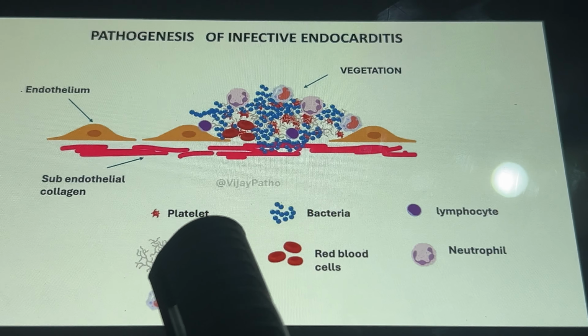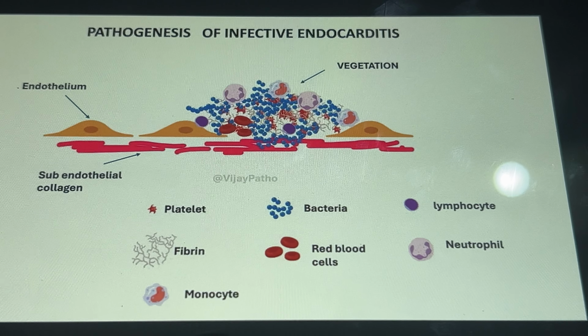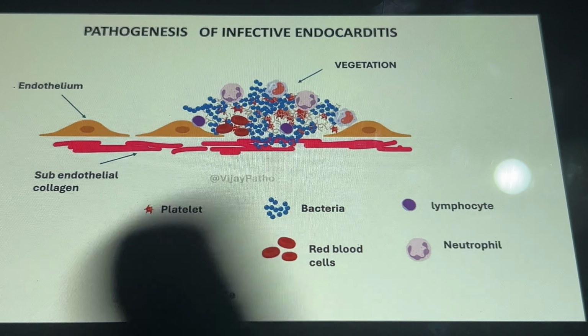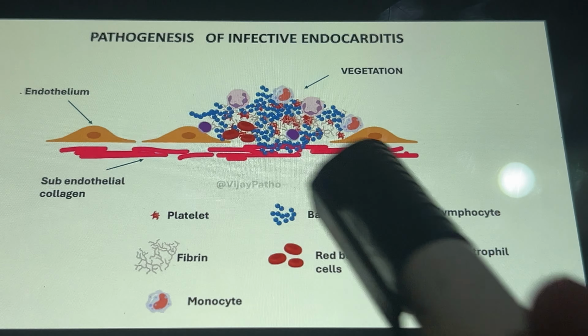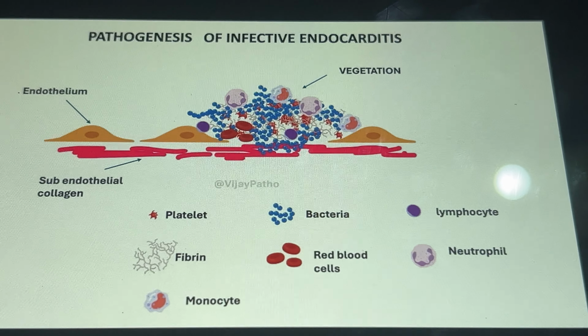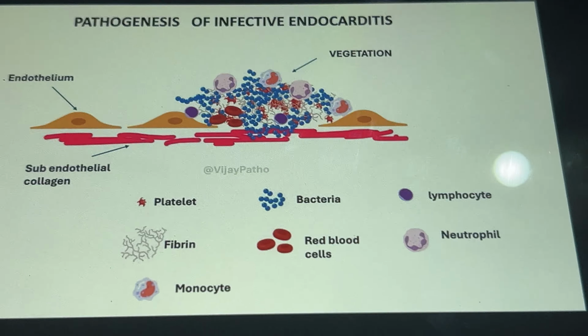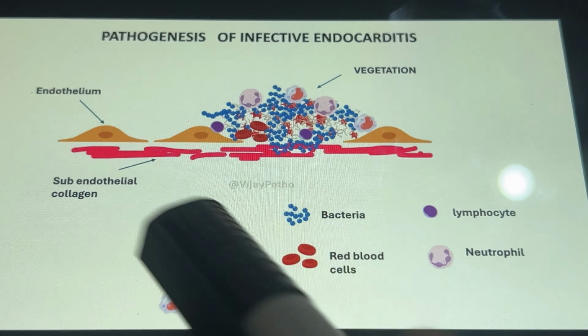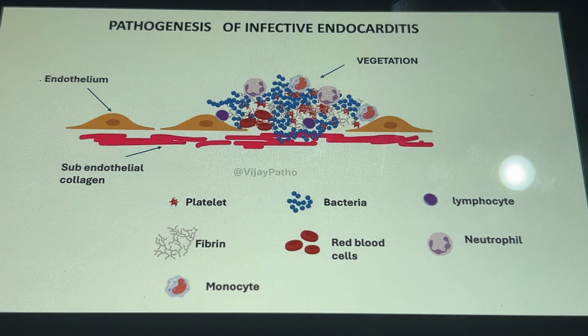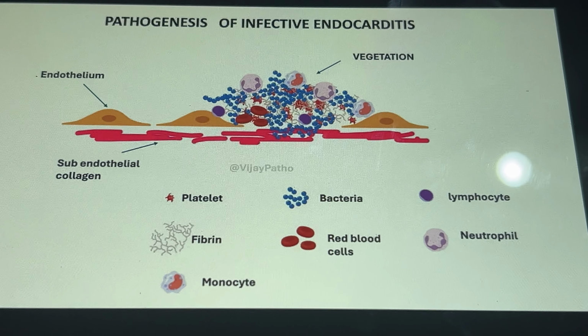The vegetation will contain platelets, fibrin, monocytes, red blood cells, neutrophils, lymphocytes, and the microbe, which is most commonly bacteria, but it can be fungi. So this is the pathogenesis of infective endocarditis.